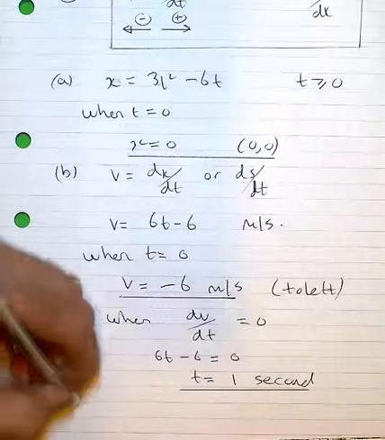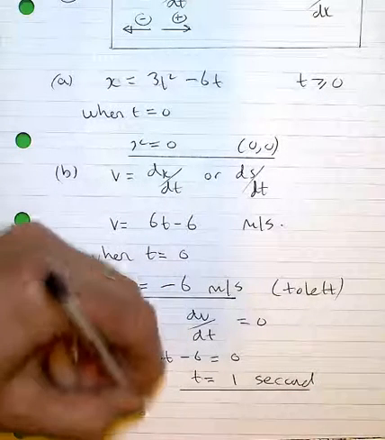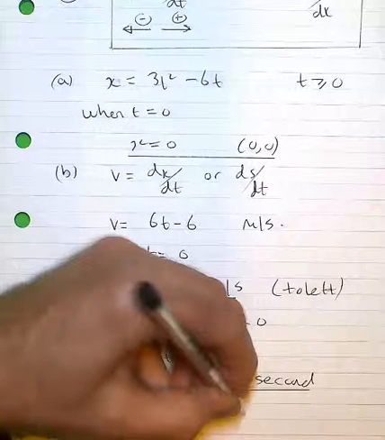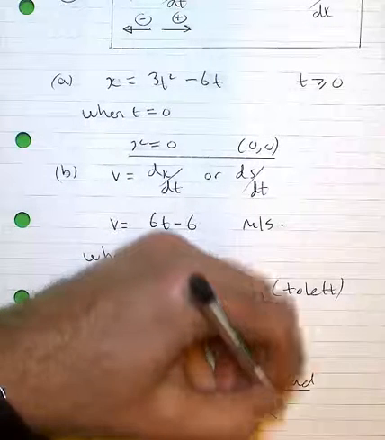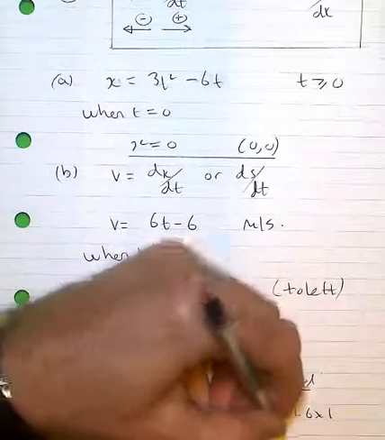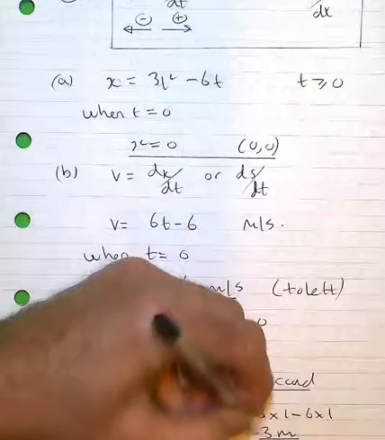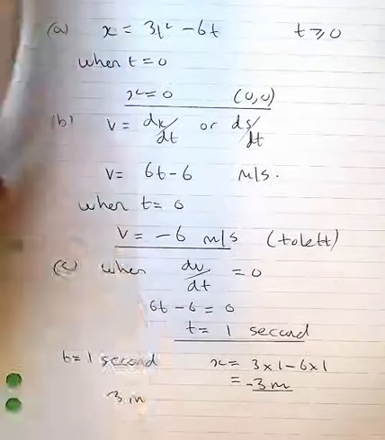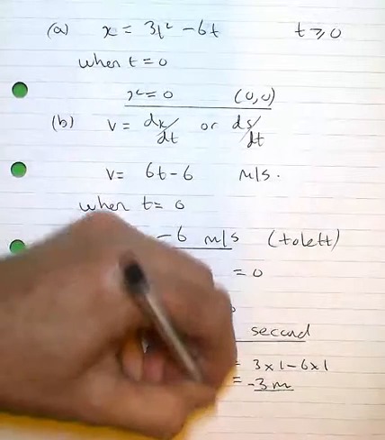And when t is equal to 1 second, what we've got there is x is going to be 3 times 1, take 6 times 1, which is going to be negative 3 meters, or 3 meters to the left of the origin.